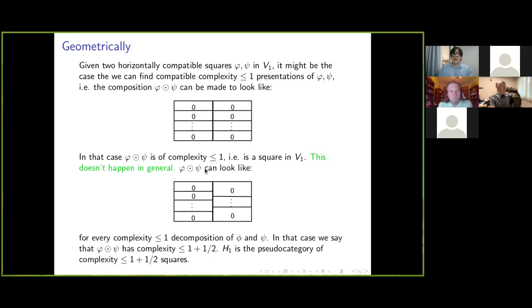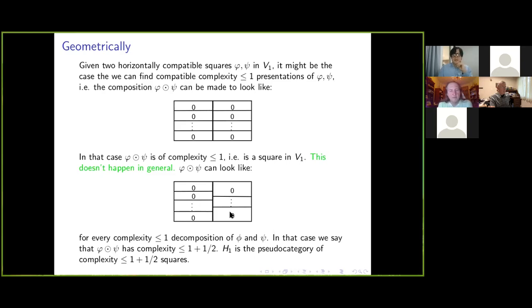It can happen that we have two squares phi and psi of complexity less than or equal to 1. We compose them horizontally, but it can be the case that whenever we take a decomposition of phi as a vertical composition of complexity 0 squares, and a decomposition of psi as a vertical composition of complexity 0 squares, we can't match them together.